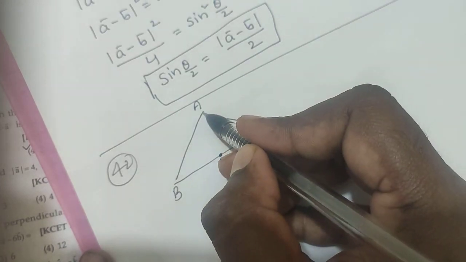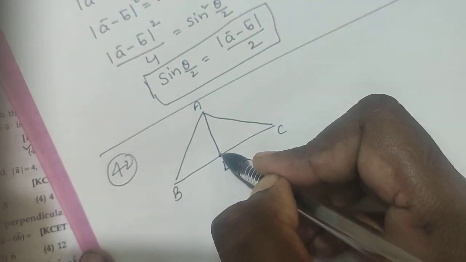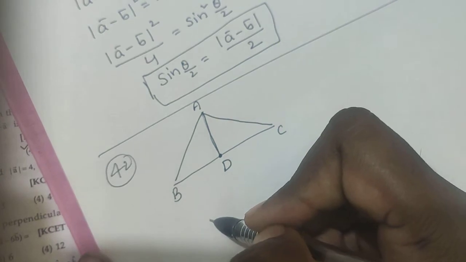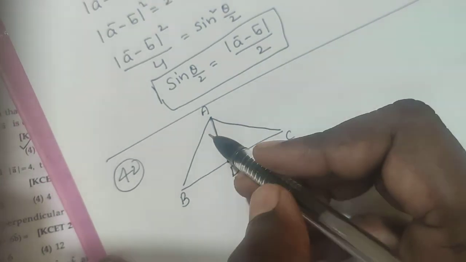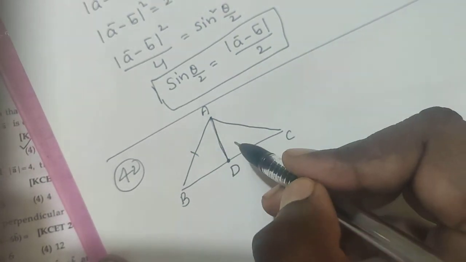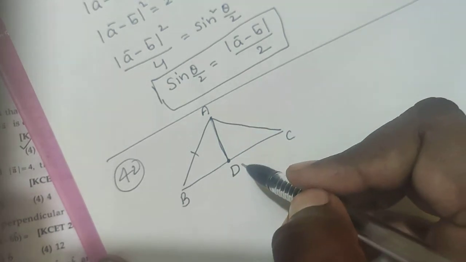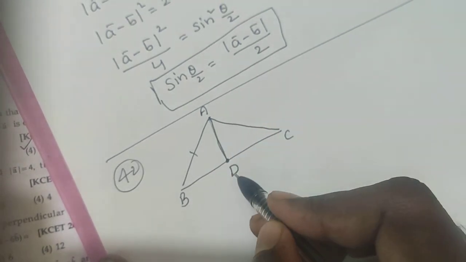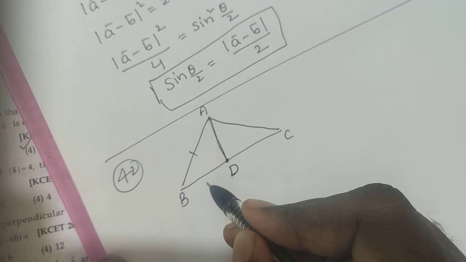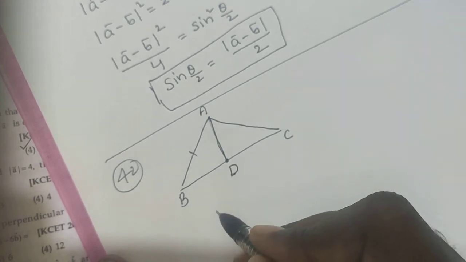Now if we join A and D, this is called the median. We require this median. Here we know AB bar, that is one side, and AC bar, that is another side, and D is a midpoint. Midpoint means it divides in equal ratio.